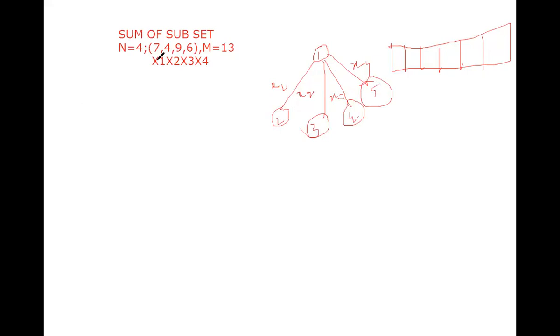Okay. So what are the solutions here? x1 plus x4, 7 plus 6, is the solution, that is 13, and x2, x3 is also a solution. You may write x1 x4 or reverse, x4 x1, and also x2 x3 or x3 x2. So the solution is 13 here.